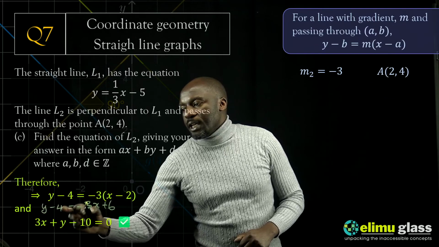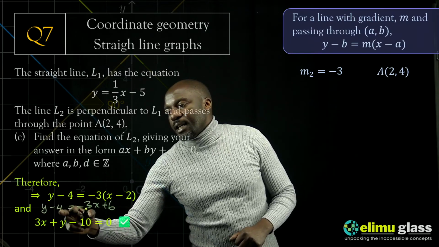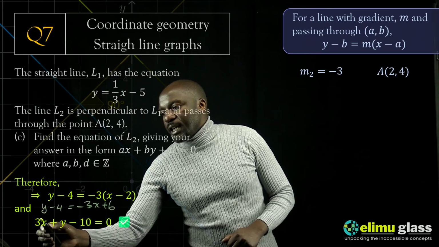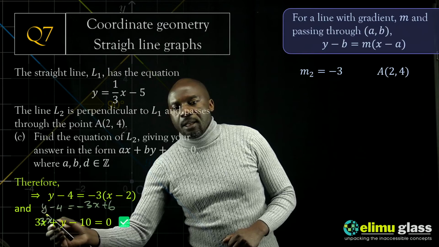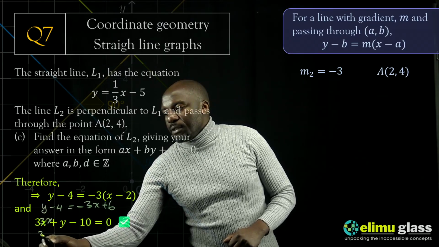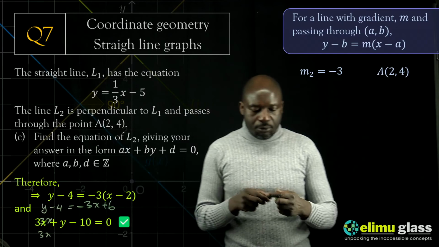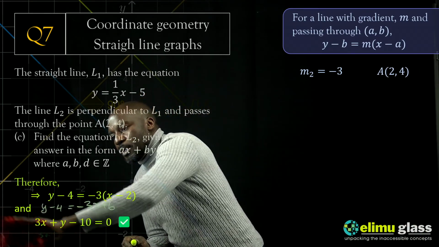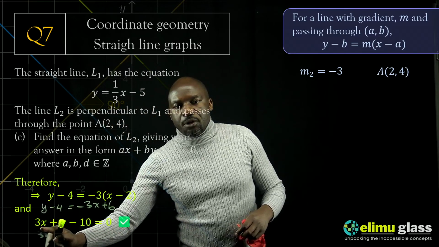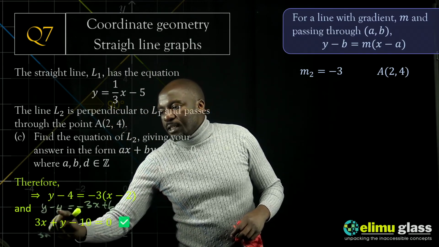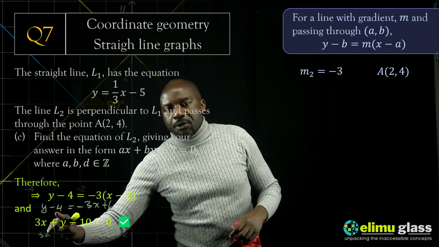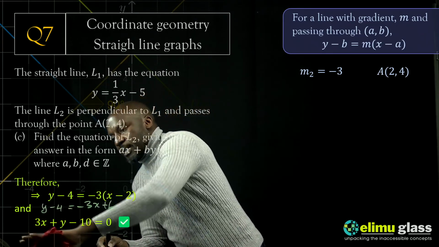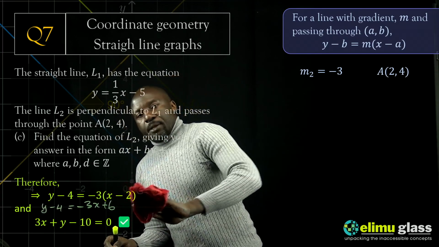If 6 goes to the other side, it becomes minus 6, and that is minus 10. And negative 3x also goes to the other side, so it becomes positive 3x. Move this to the other side, minus 6 minus 4 is minus 10, and positive y remains there. So this is the result we end up with.